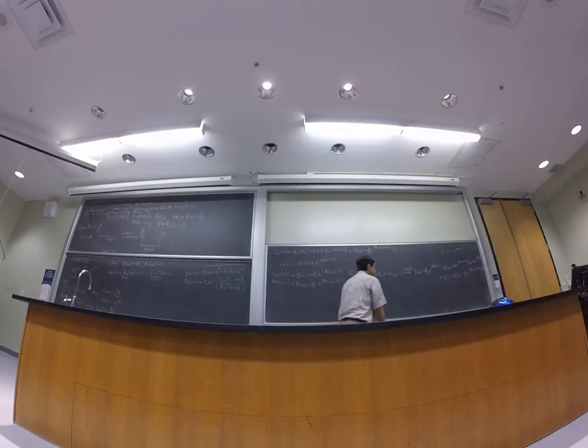This is e to the a. This is e to the b. So e to the a plus b is e to the this plus that. i multiplies both of them, so it's a common factor. So e to the i, from here the argument of Gz1, and from here the argument of Gz2. Clear?